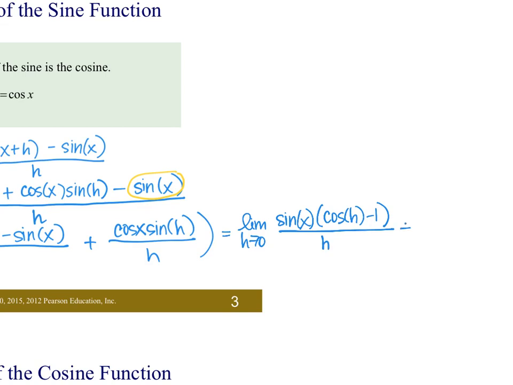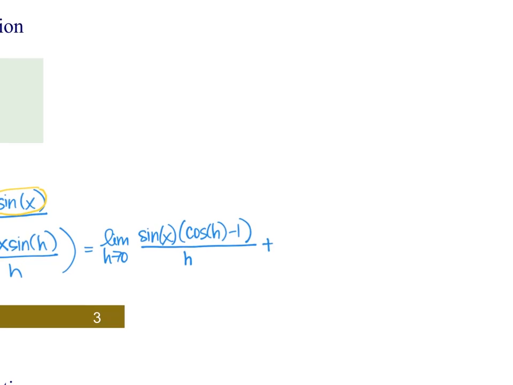And then plus a separate limit as h approaches 0 of the other part that was left, so the cosine of x times the sine of h over h.